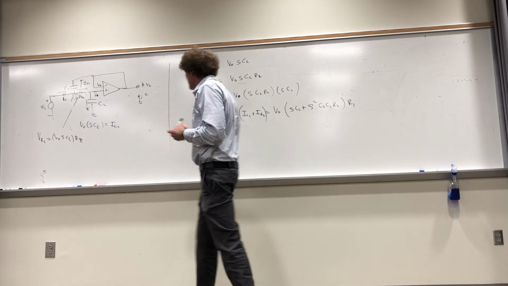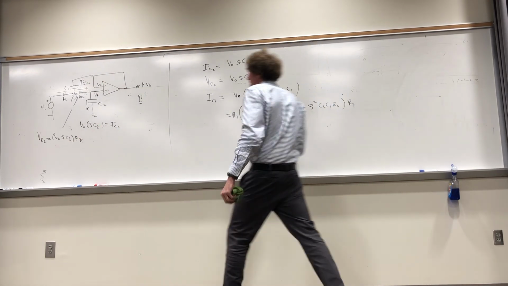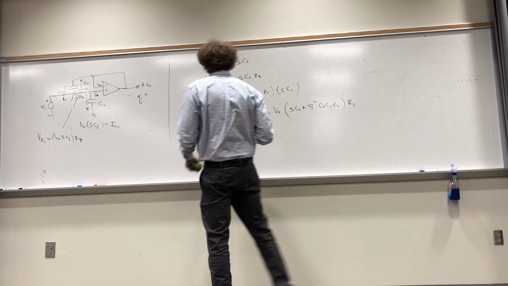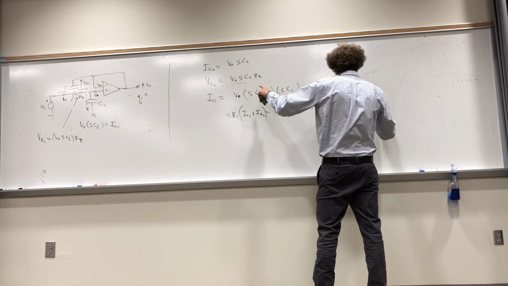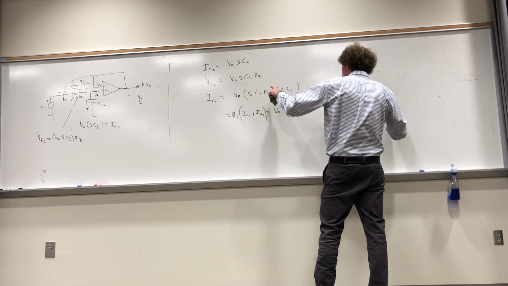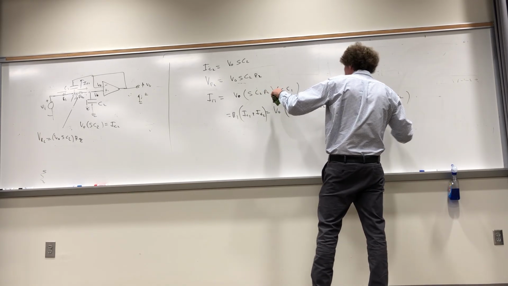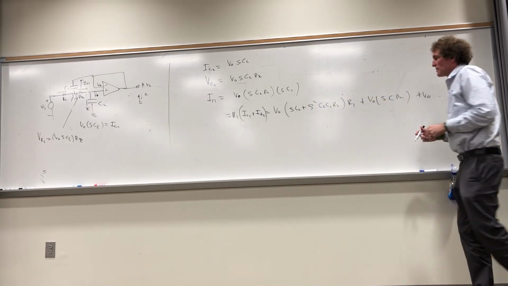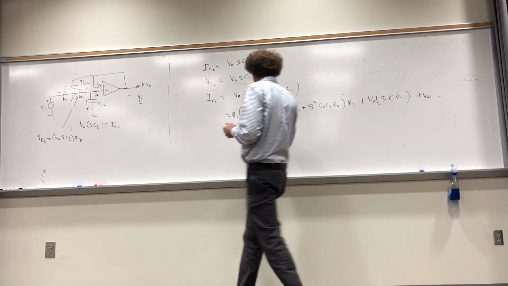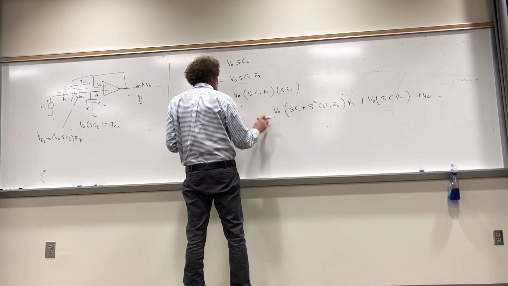Work with me, help me, guys. So I've got that voltage takes care of this, plus VR2 plus V naught times SCR2, and that's plus V naught. All equals Vn right here. That whole thing's equal to Vn.